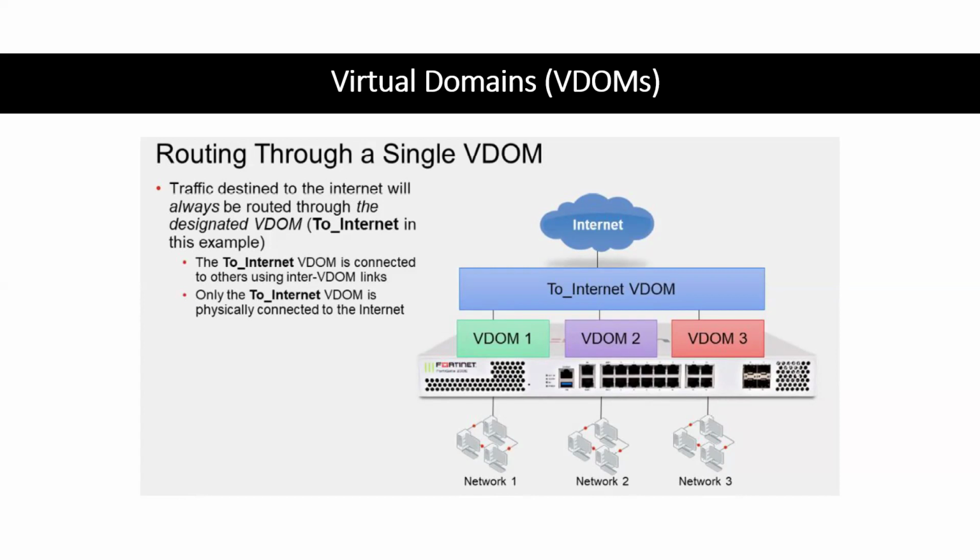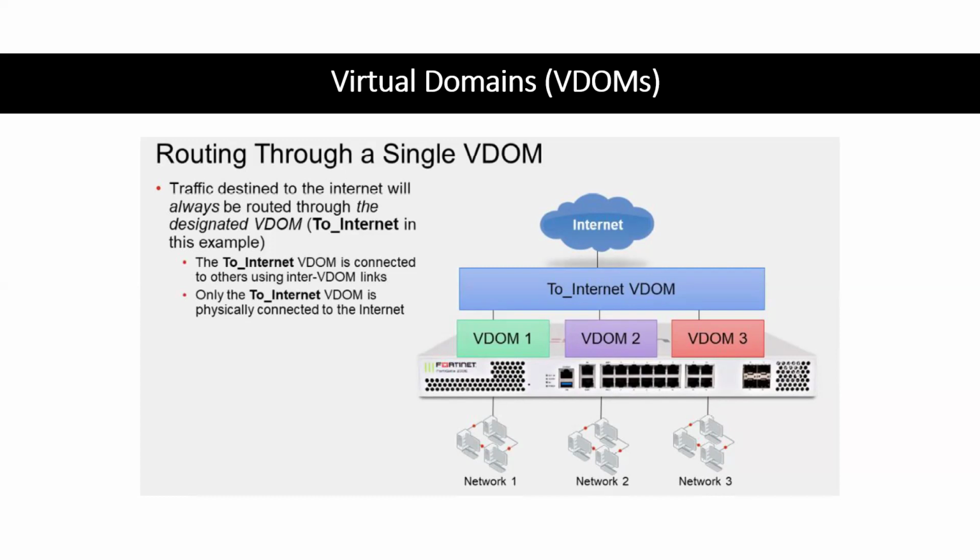The traffic is coming from network 1, and we send it up to the VDOM. But what happens after that? If we're the provider, we're the ISP, we don't want to have multiple connections for multiple customers. We got this shared device for a reason.